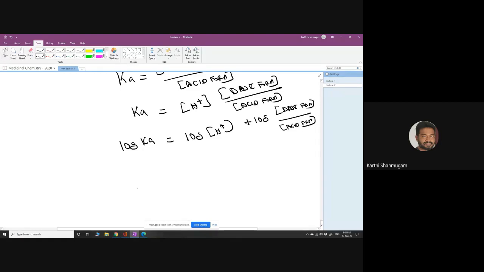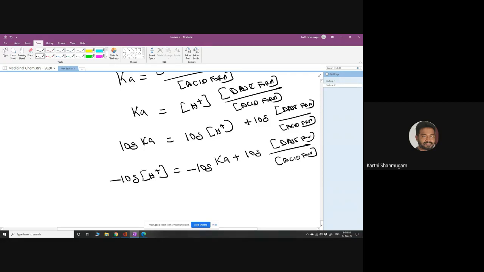Okay. So I can rewrite this slightly as negative log Ka, because I just wanted to bring the pKa into the picture. Negative log of this H plus ion is equal to negative log Ka plus log base form over acid form.